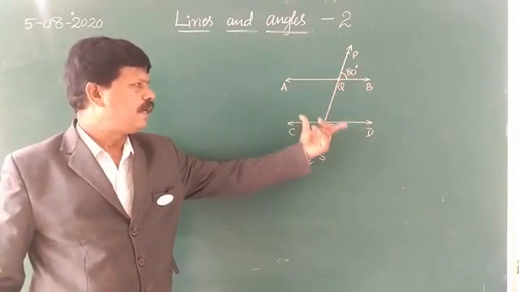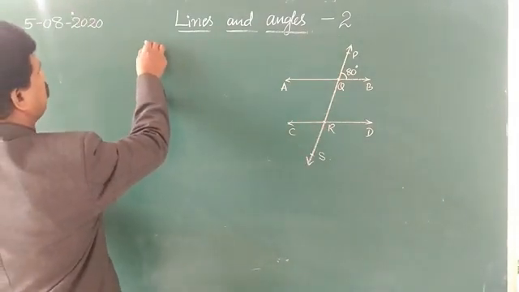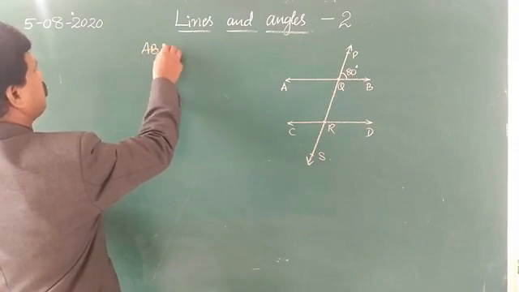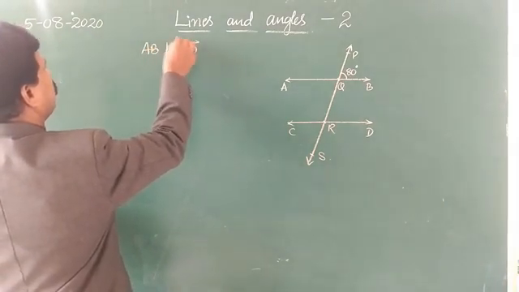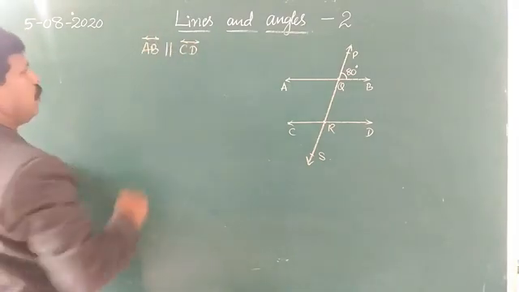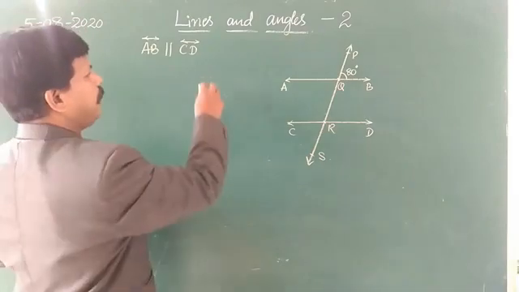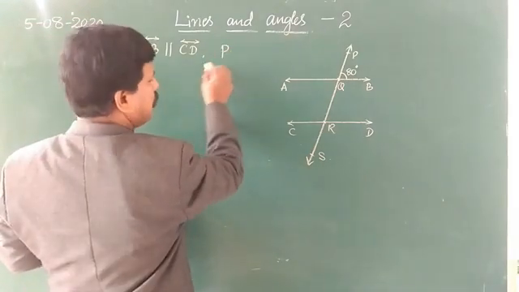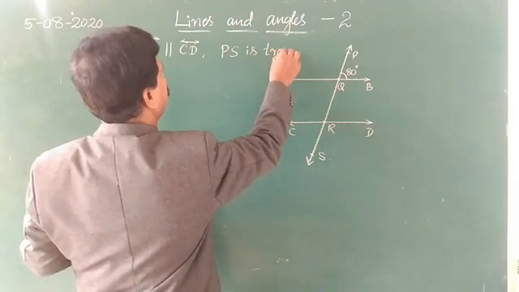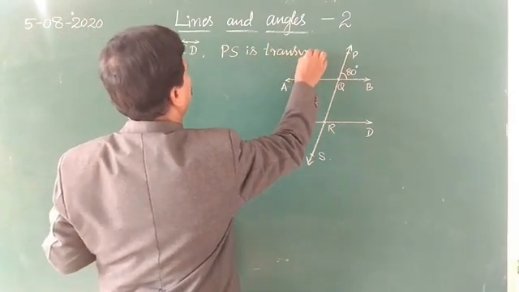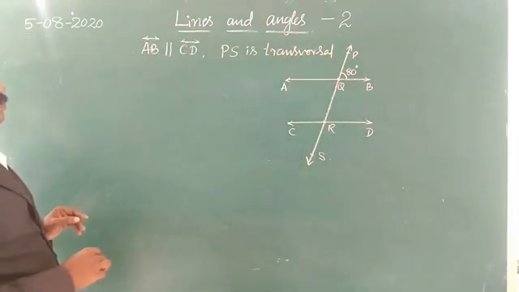Okay, in the figure, AB and CD are parallel lines. See, that is represented like this: AB is parallel to CD. This is the way of expressing that two lines are parallel. And here PS is a transversal.